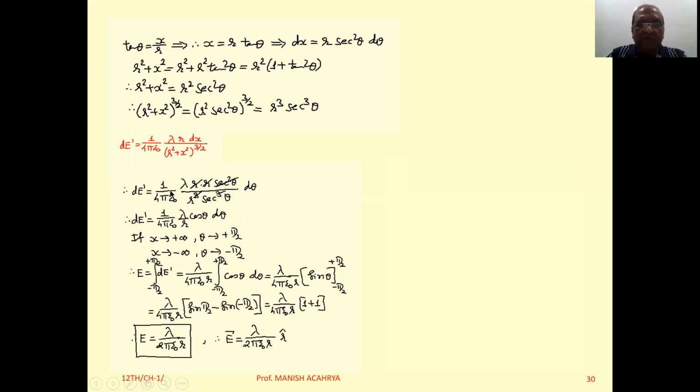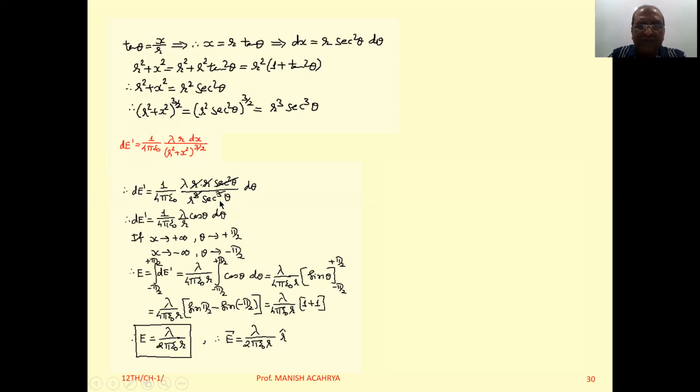dE dash equal to 1 upon 4 pi epsilon 0 lambda as it is, r as it is, dx. So see, this is the value of dx, r sec square theta d theta. So r sec square theta d theta upon r square plus x square raised to 3 by 2. See, this r square plus x square raised to 3 by 2 comes to r cube sec cube theta.